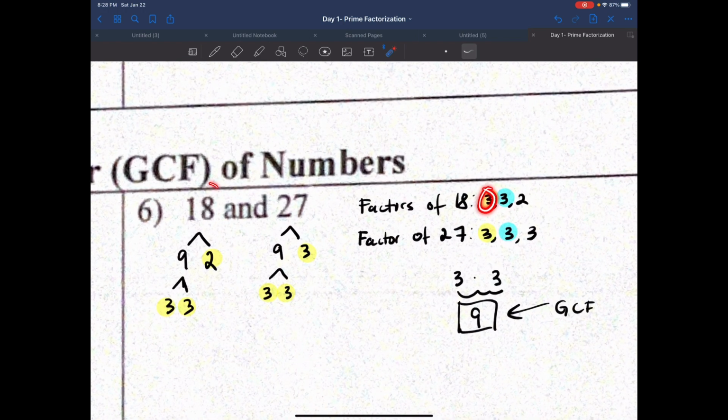Once again, 3 does go into 18, and 3 goes into 27, right? So 3 is a common factor, but it's not the greatest common factor, because 9 is the largest number that goes into 18 and 27. Okay.